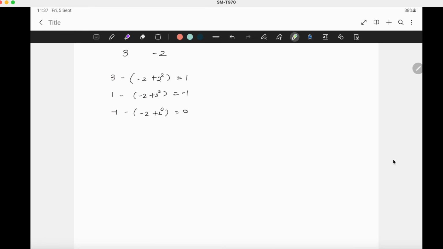We can say that if k operations are required to make num1 0, then this -2 is going to be there k times.